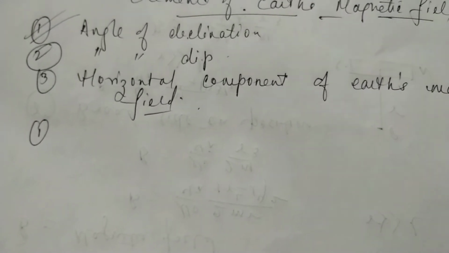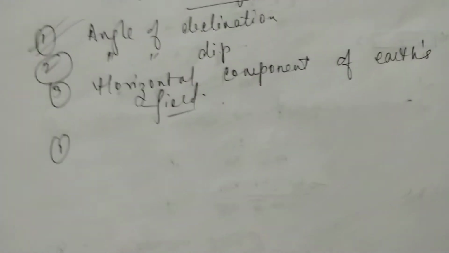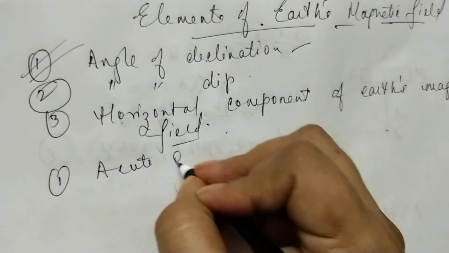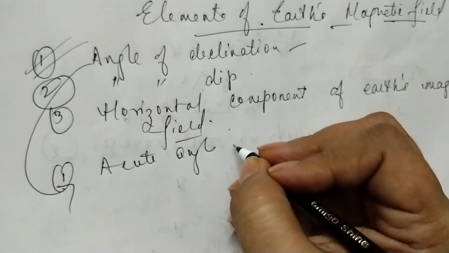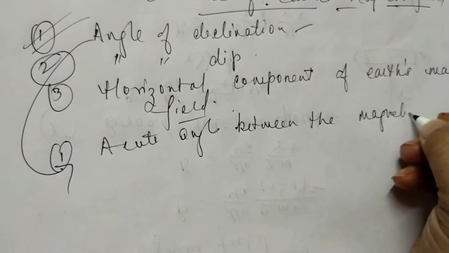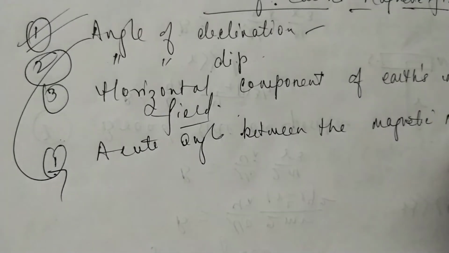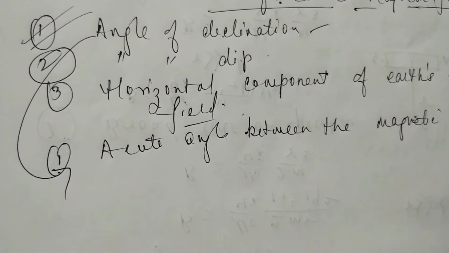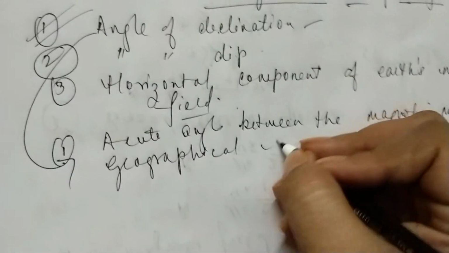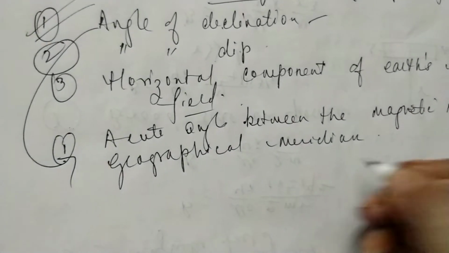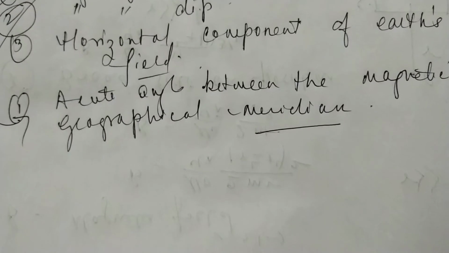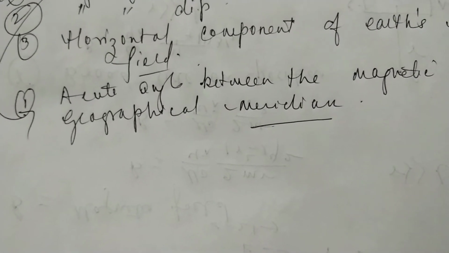At any place, the acute angle between the magnetic meridian and the geographical meridian is what we call the angle of declination. Now you will have in your mind, what does the magnetic meridian mean?